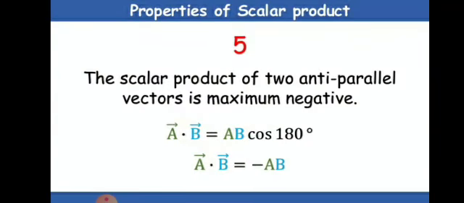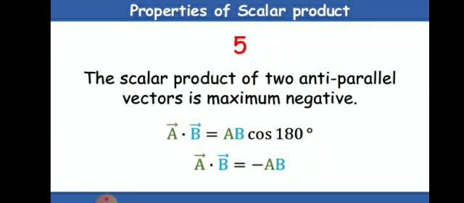Now let us see the fifth property. The scalar product of two anti-parallel vectors is maximum in magnitude and negative. Why is it negative? Because the theta value is 180 degrees, and cos 180 is minus 1. So you will get a negative value for anti-parallel vectors.